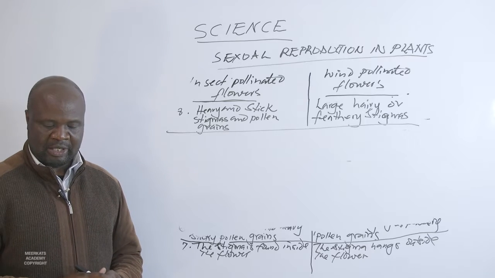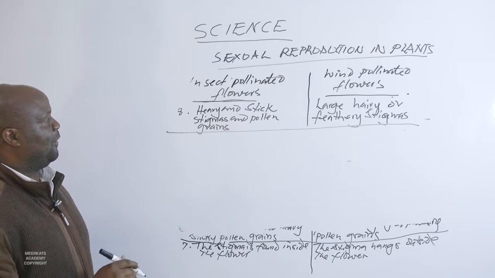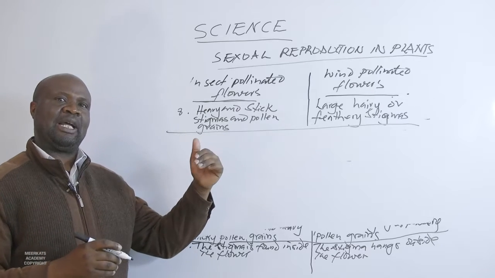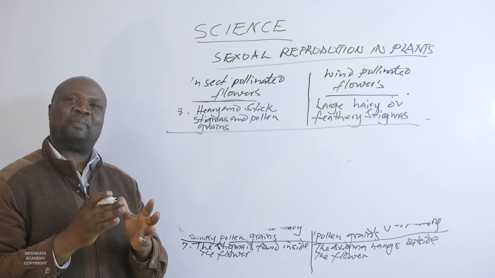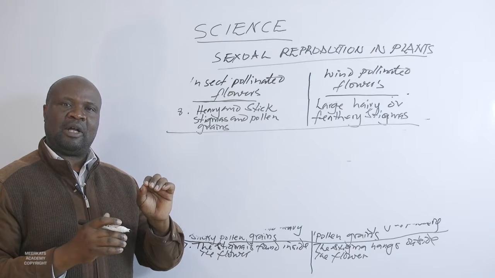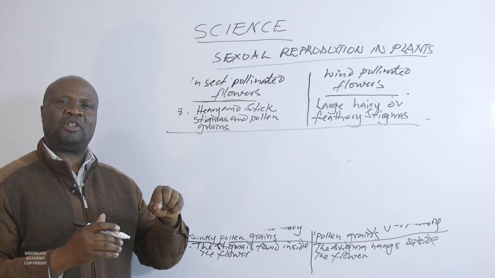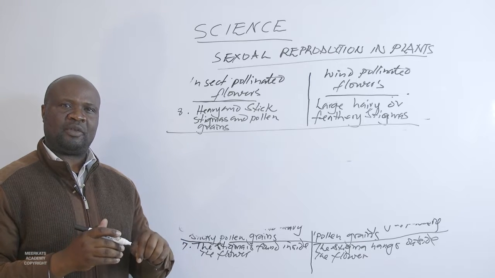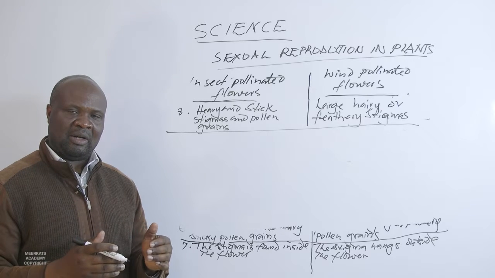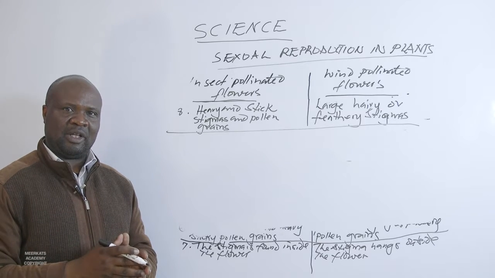Now, we can have another topic. We want to know exactly what transpires when the pollen grain develops a tube and goes down to the ovary, and then the pollen grains are able to combine with the ovules.